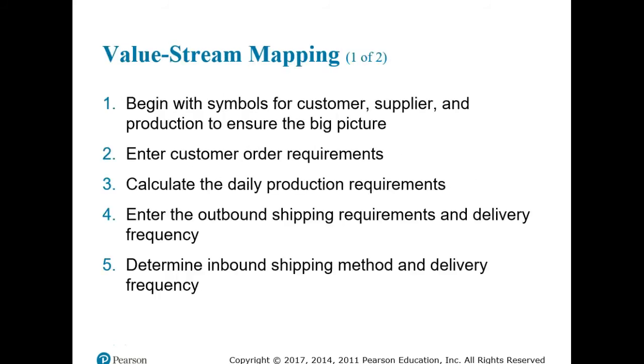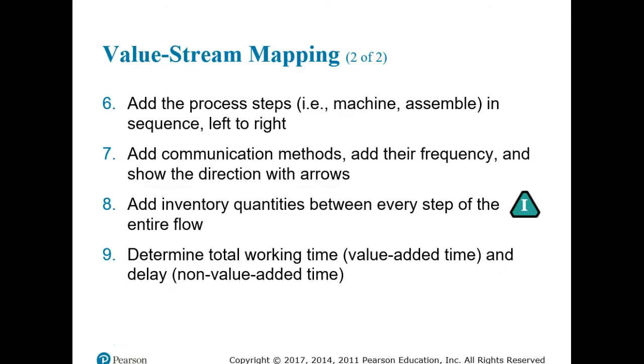Now, the 9 steps to create a value stream map are listed here. So first you begin with the symbols for customer, supplier, and production to ensure the big picture. Then next you're going to enter customer order requirements. Your third is to calculate the daily production requirements, then enter the outbound shipping requirements and delivery frequency. And then your fifth step is to determine inbound shipping method and delivery frequency.